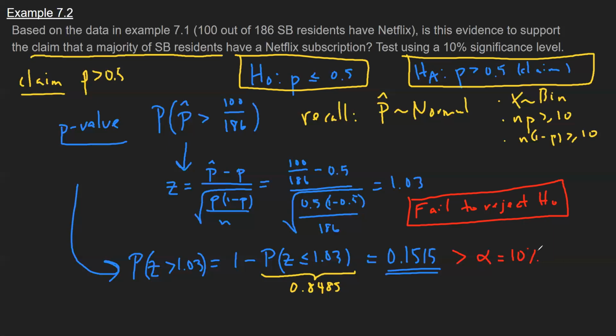Since the decision says that we fail to reject the null, between these two, this is the one that we don't have enough evidence to go against. Ultimately, while 100 over 186 is larger than 0.5, it's not large enough for us to throw our full support behind the alternative hypothesis. That is running through a hypothesis test for population proportion.